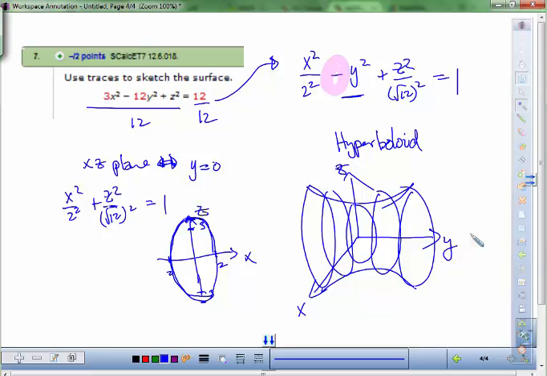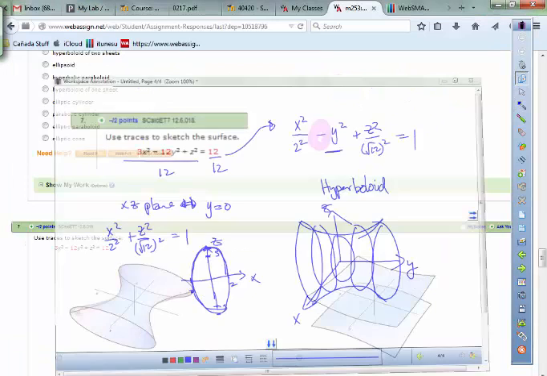So another observation is that since y was the one with a negative sign, or y was the one with a different sign, it opens along the y, and then your traces are along the xz. All right. Now let's see if we can answer the question that they ask here.